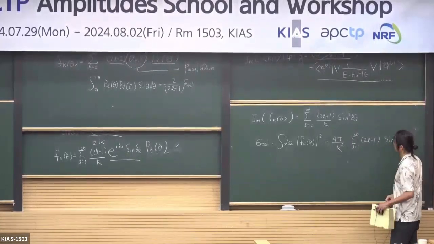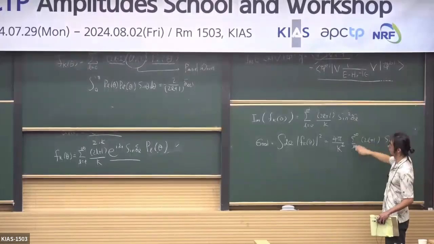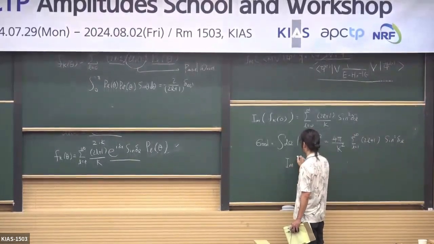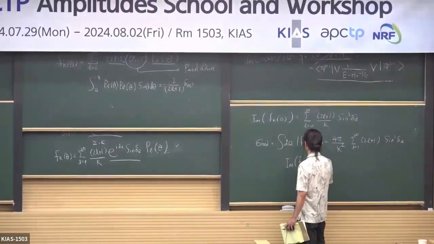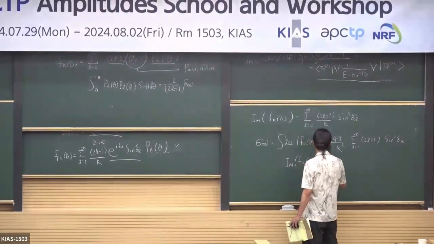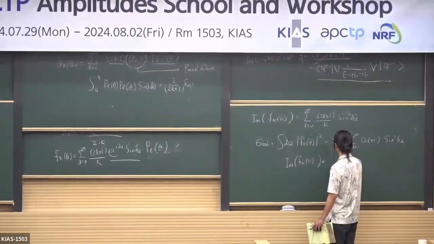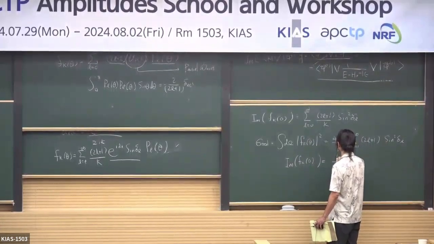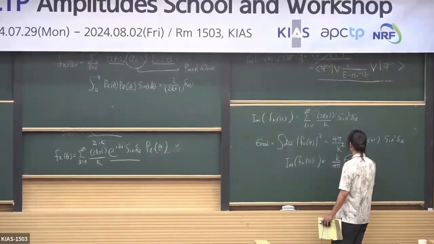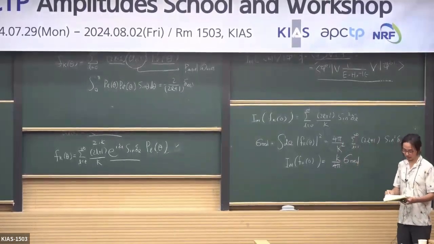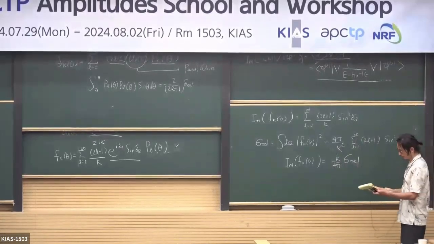Okay, and if you compare these two forms, you immediately see that indeed we have the imaginary part of f_k(0) is equal to k over 4π times the total cross section. Okay, so this makes it manifest. The optical theorem is manifest.